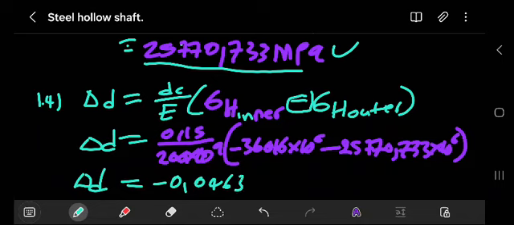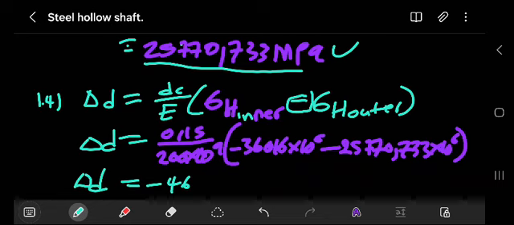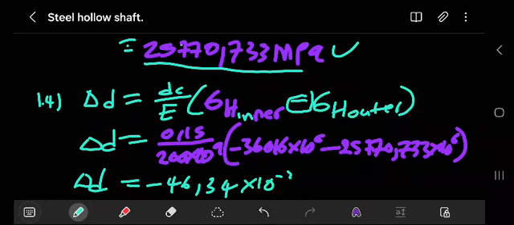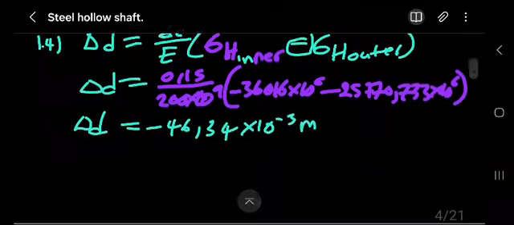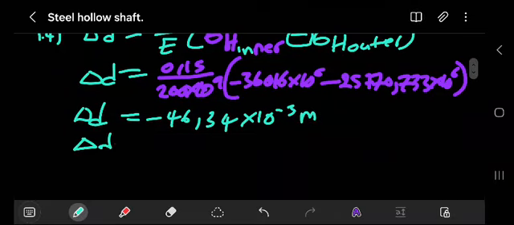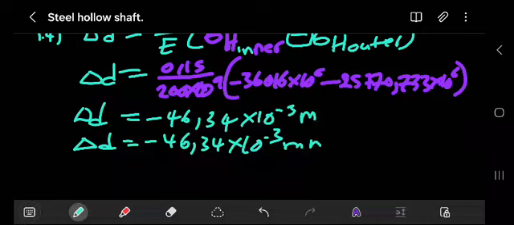Or let me just write it like this: minus 46.34 times 10 to the power of minus 3 meter. This is the same as minus 46.34 times 10 to the minus 3 millimeter.